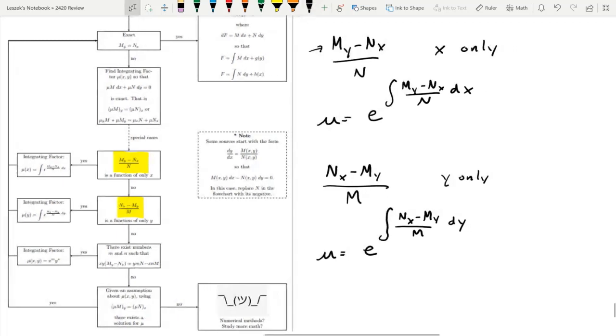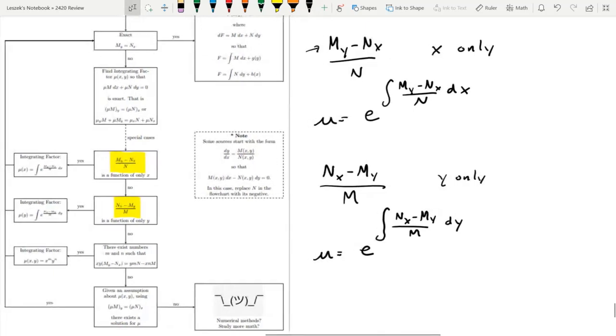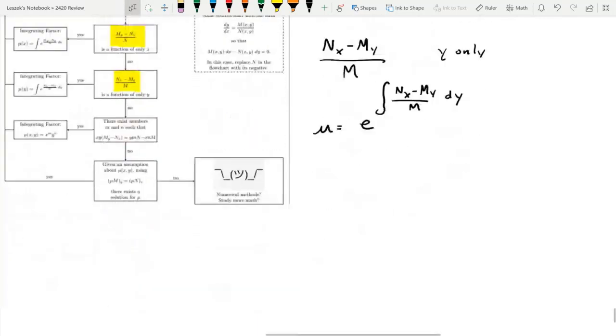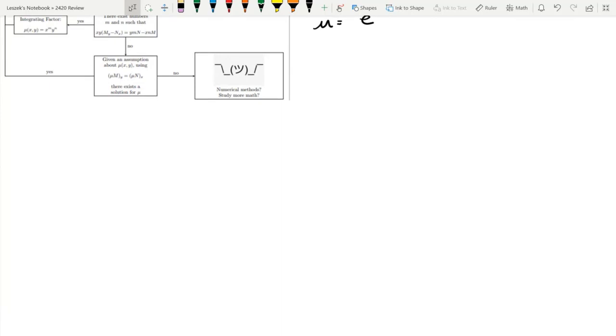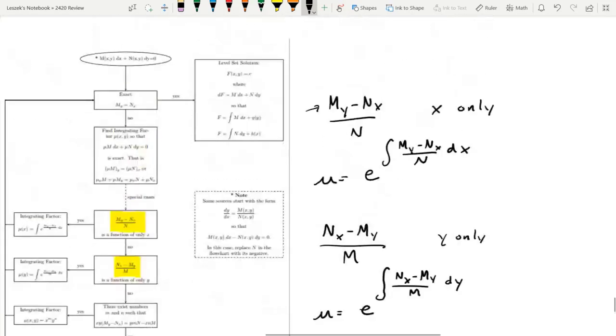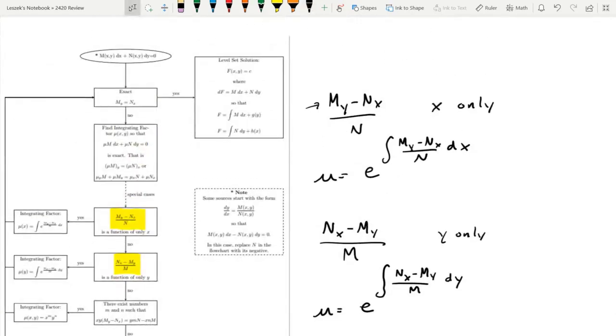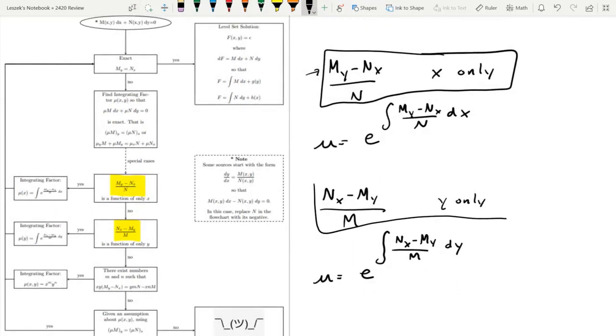Okay. So let's just do some examples. Hopefully this works out. Yeah, so the two special cases I'm going to focus on are that this is a function of x only, and that this is a function of y only.